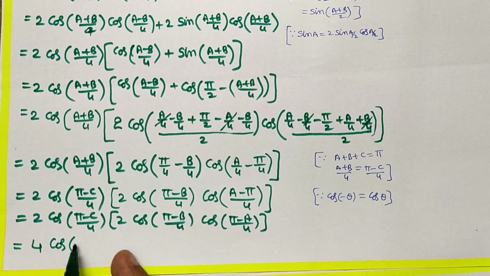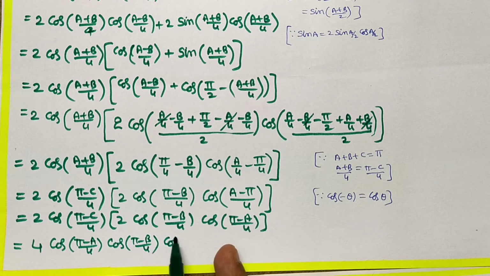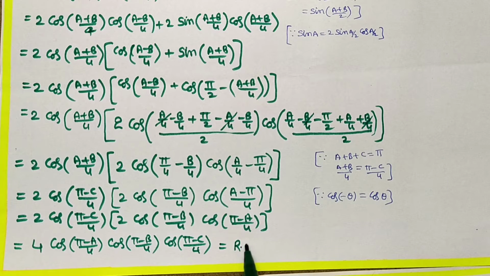First cos of (pi minus a) by 4, cos of (pi minus b) by 4 into cos of (pi minus c) by 4, which is the required RHS. Hence proved. We'll move to the next question.